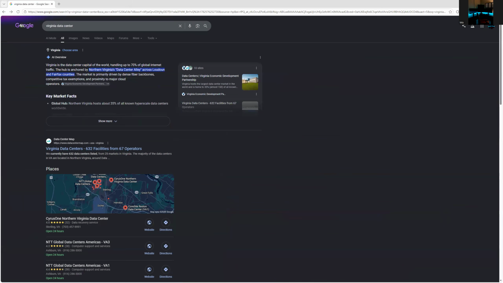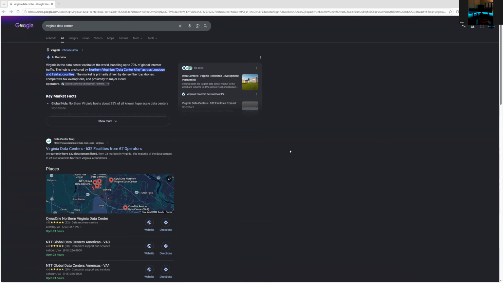The Virginia data center hub is the world's biggest, and 70% of the global internet traffic goes through here. 70%, imagine that. That's the hub in Fairfax County, so remember that. 20% of oil goes through the Strait of Hormuz, and when it was closed, look what kind of impact that had on the market.